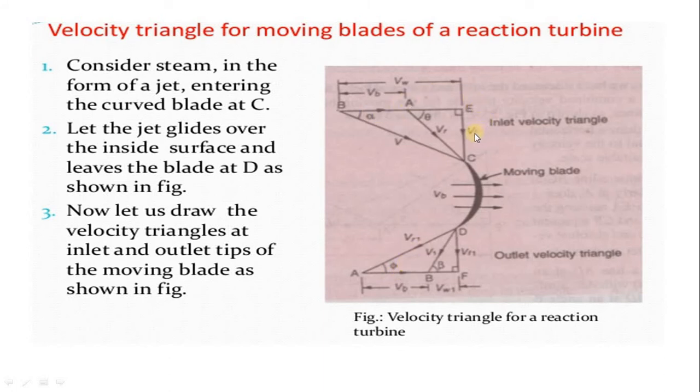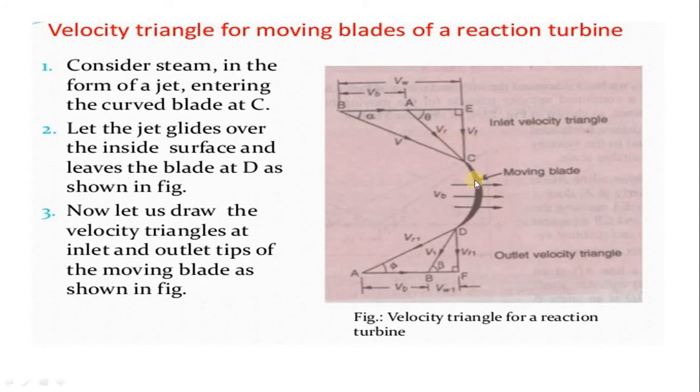V stands for absolute velocity at inlet, V1 stands for absolute velocity at outlet. Vb is the blade velocity, which remains constant continuously. The blade rotates at the same speed, which you can calculate by pi dn by 60. The next important one is the relative velocity.